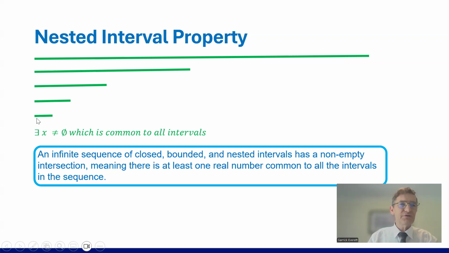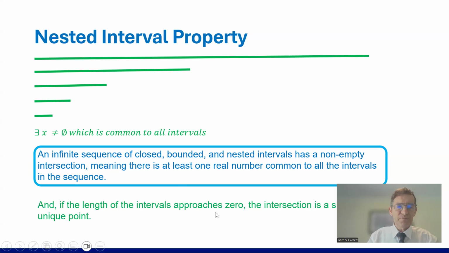You've still got this little bit in here. That's all that's trying to demonstrate. So this is the nested interval property: an infinite sequence of closed, bounded, and nested intervals has a non-empty intersection, so there's at least one real number common to everything.